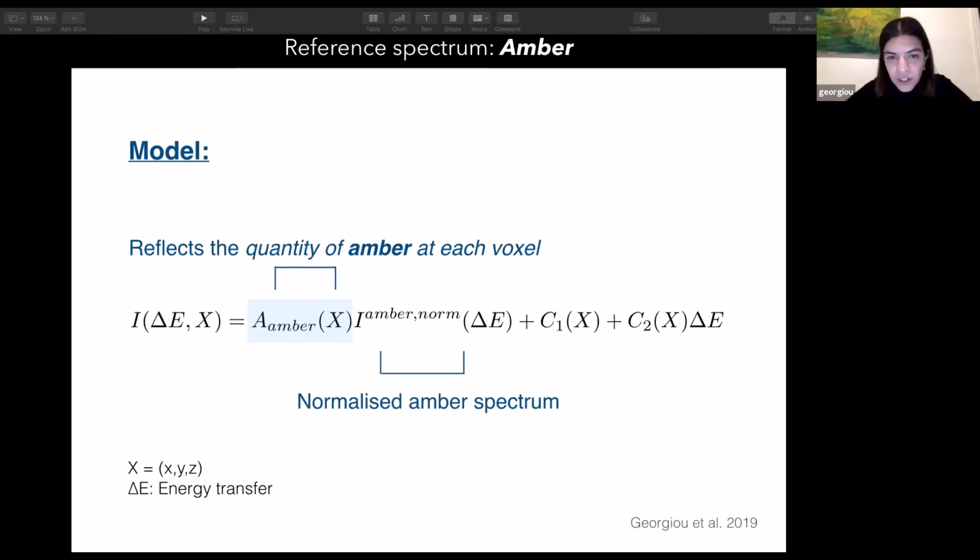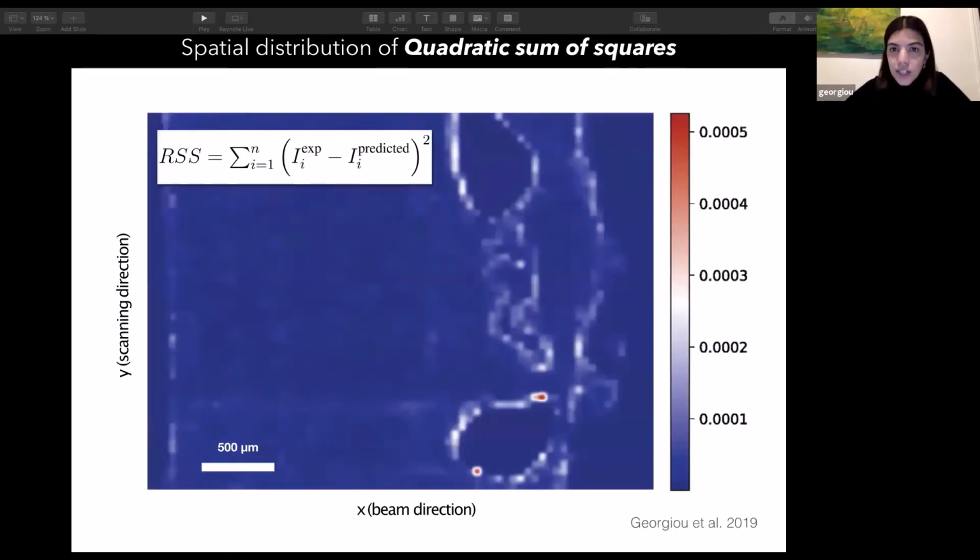Our first reference spectrum was a normalized amber spectrum we collected from the sample away from the ant, and we used that plus the Compton background to fit each XRS spectrum and see how our model is behaving. By calculating the quadratic sum of squares, we saw that it is increasing in the area of the exoskeleton of the ant. So there is something else there other than amber.